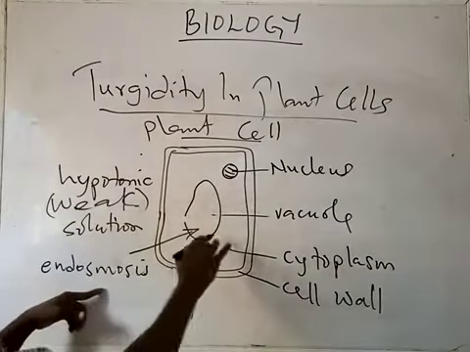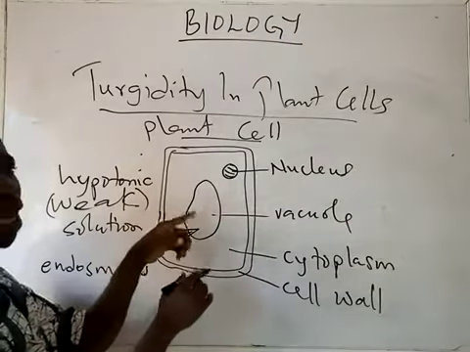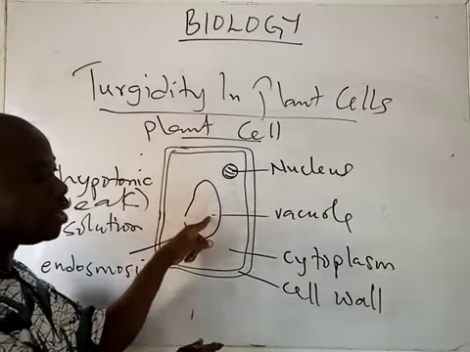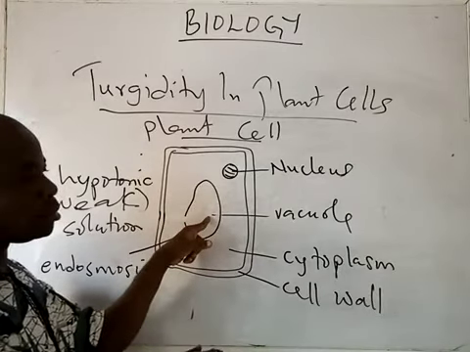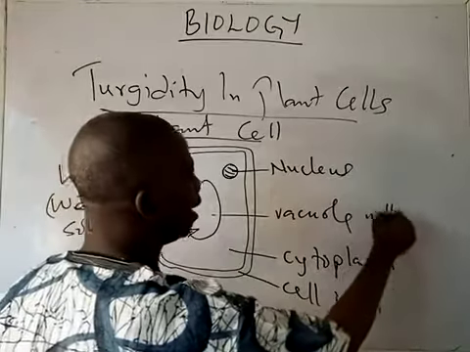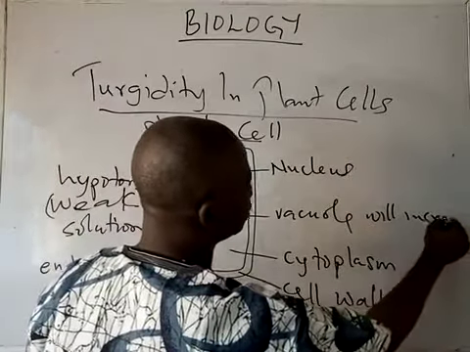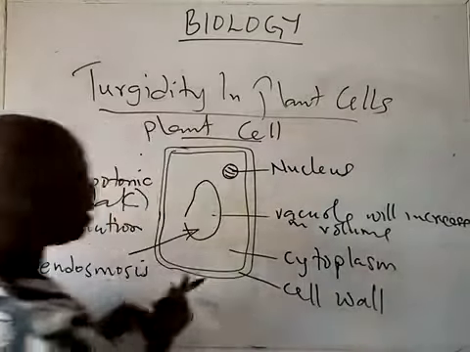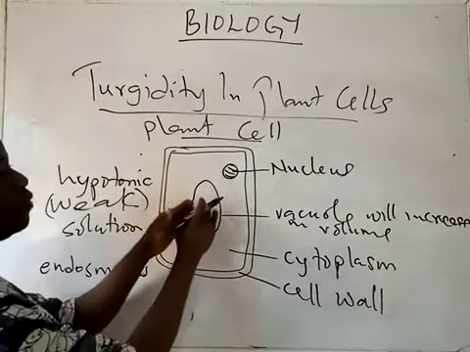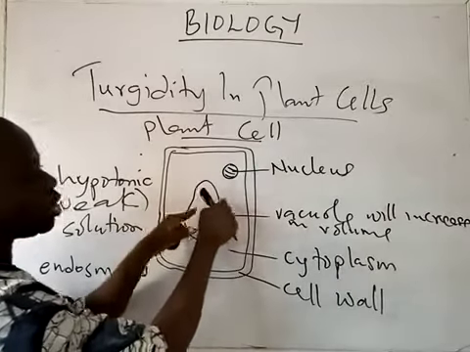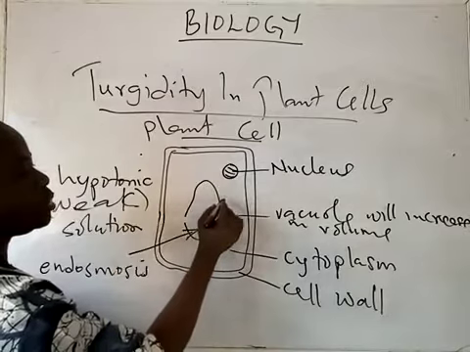Water molecules will move into the cells, and that means the volume of the vacuole will increase. So the vacuole will increase in volume, and if that continues, it is going to continue to press the cytoplasm against the cell wall.